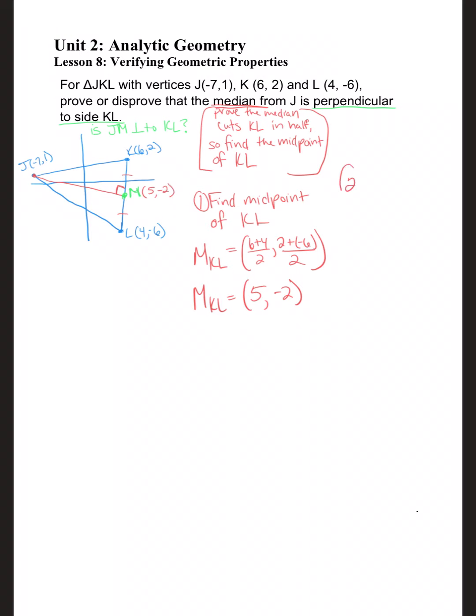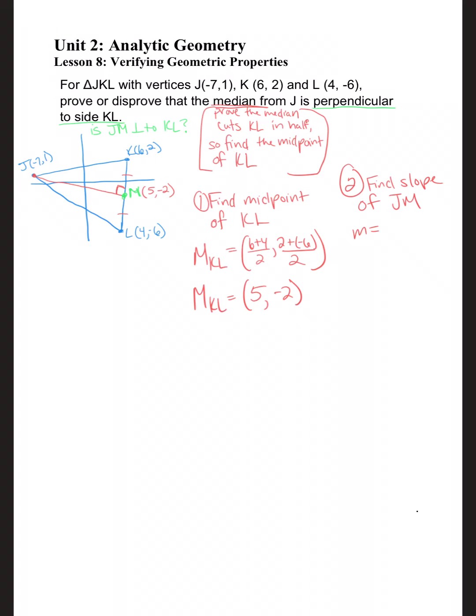Okay, step 2 is we need to work on determining our slopes and then see if they are negative reciprocals of each other. So doesn't matter which one we start with, we'll find the slope of that median line since we have 2 points. So we'll find the slope of JM. So slope is going to be the difference between my y values over the difference of my x values.